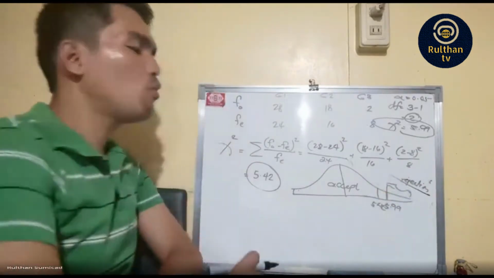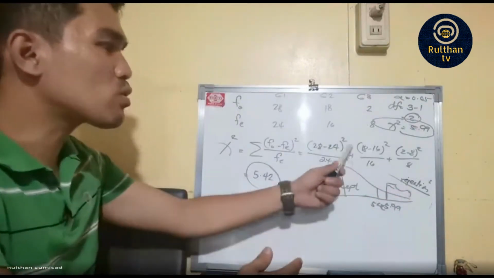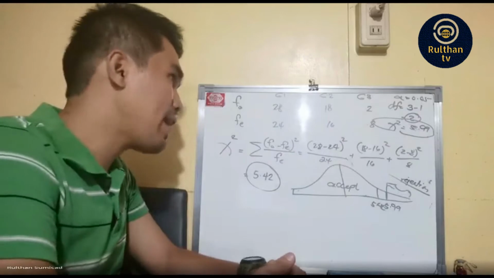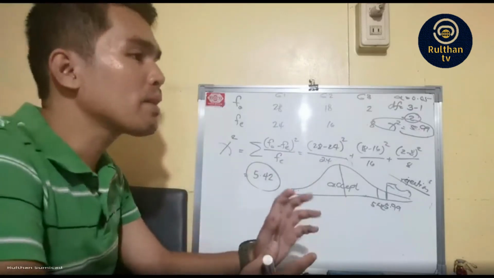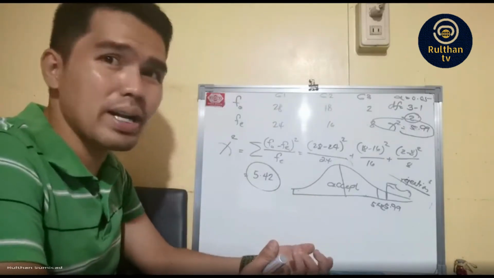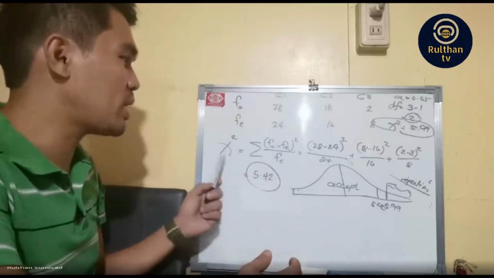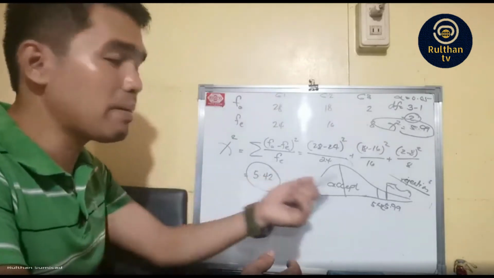So you notice why our rejection region is focused only on one side, because remember, due to the squaring of the value here, we will never have a negative result, because the difference between the frequency of the observation minus the frequency of the expected value, squared, is always going to be positive. So there's no way that our chi-square computed value will become negative.